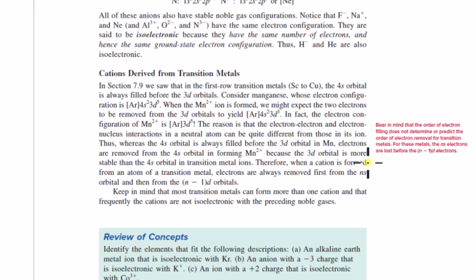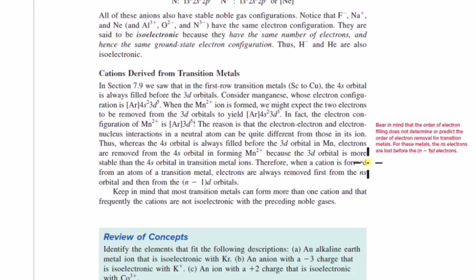Okay, so what they're saying is that when we fill up the transition metals, the neutral atom, we do the s orbital first, the higher principal quantum number s orbital, and then go into the d orbitals. So you would guess that when it comes to forming a cation, you're going to remove the electrons first from those d orbitals.